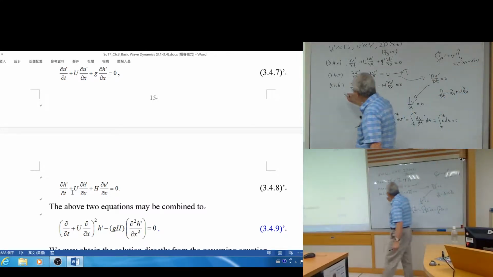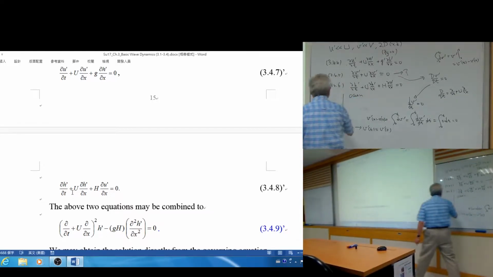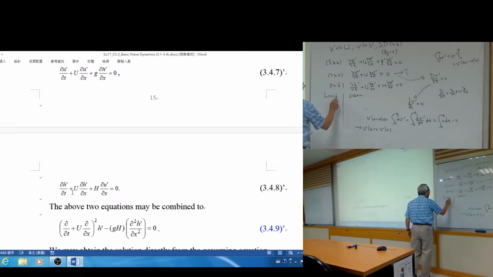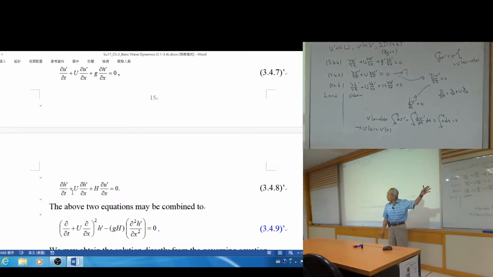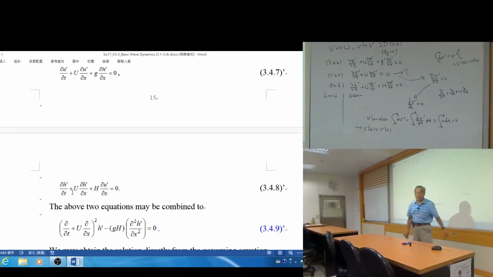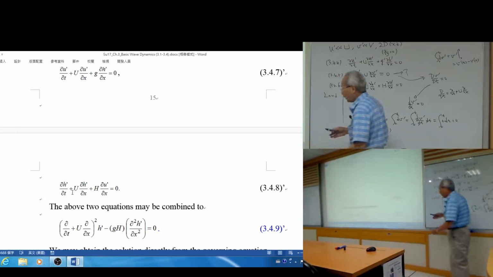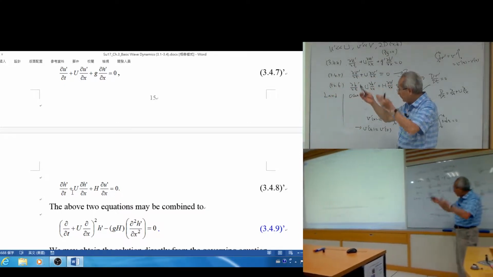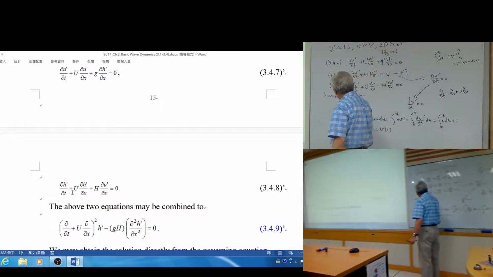Say here is ocean, and here's land. Your system could be 2D, and you can calculate v prime. In the morning, we develop the sea breeze coming in.